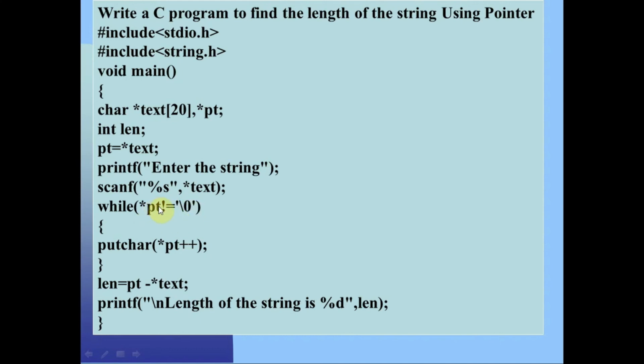The pointer is always pointing to the first character. It automatically moves to the next address, so asterisk ptr plus plus. So len equal to ptr minus text. So we calculate the length of the string. After that we display len, the total number of characters.